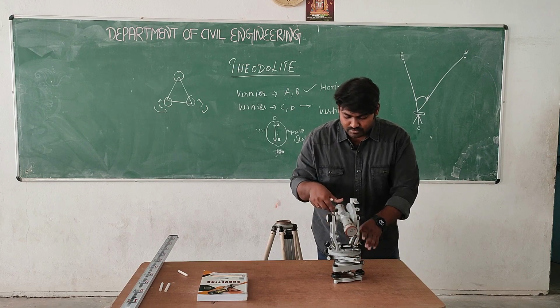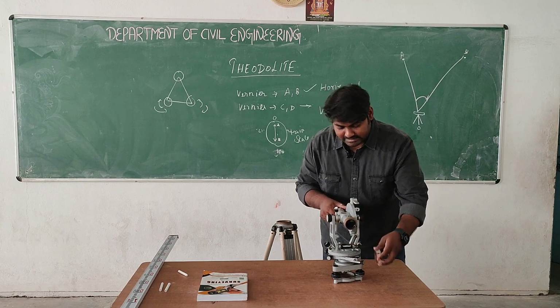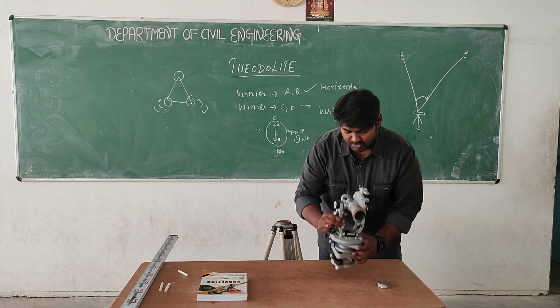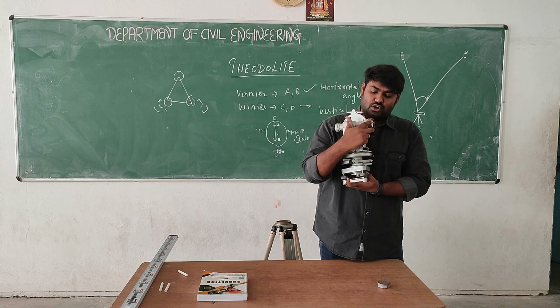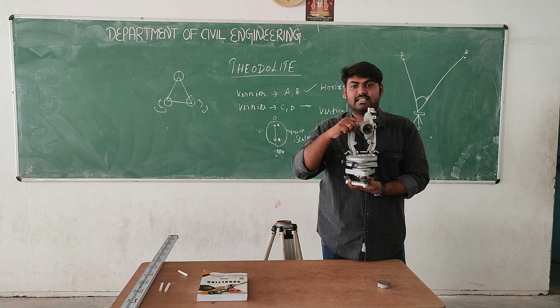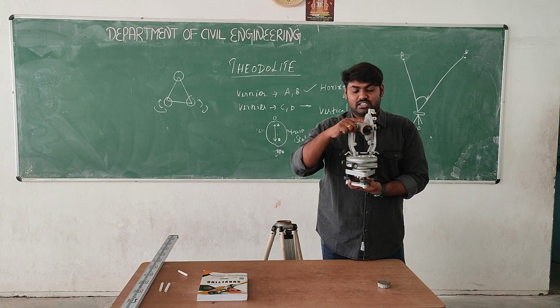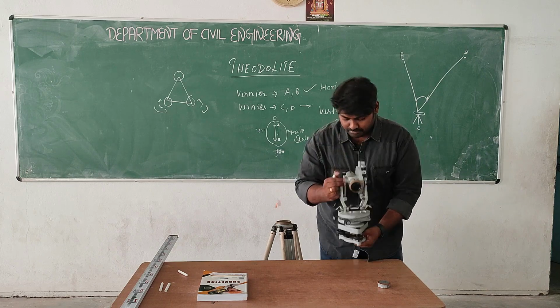This is the telescope, with which we can see the object. In this theodolite, this is the eyepiece, this is the object piece. This is the target. Whatever object we are focusing on, we focus directly with the target eyepiece.